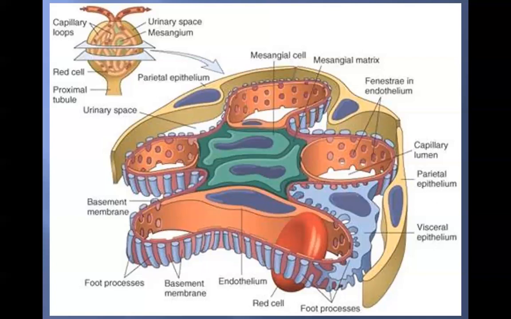What will happen? The mesangial cell expands, and its tip starts going in between the endothelial cells and the basement membrane. That is called splitting and interposition of the mesangial cell. Interposition means it is splitting the endothelial cell from the basement membrane and going in between.